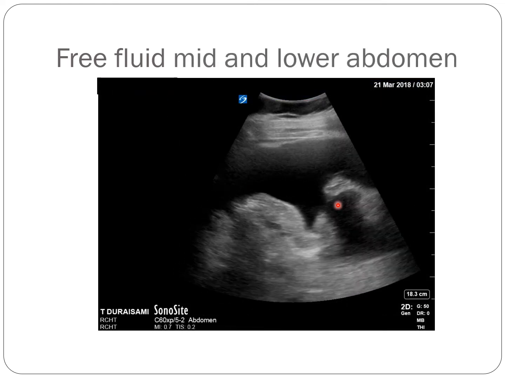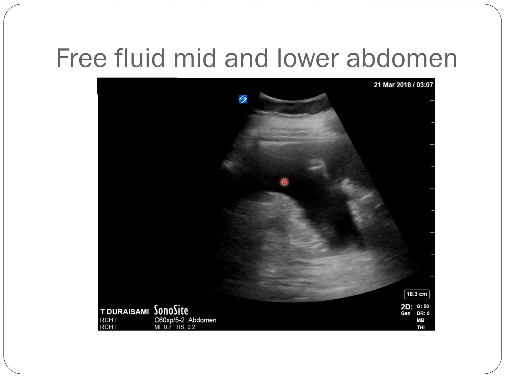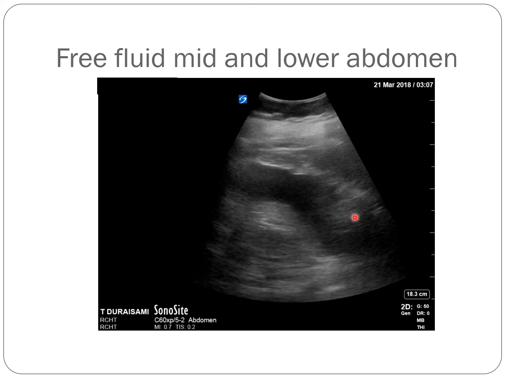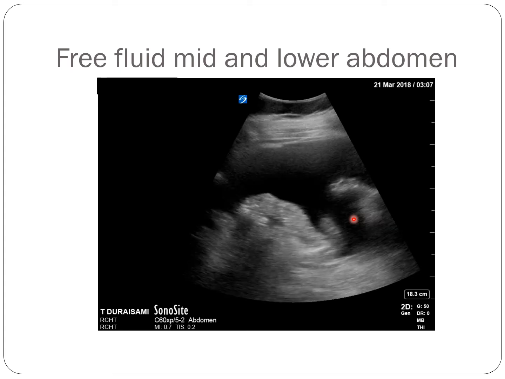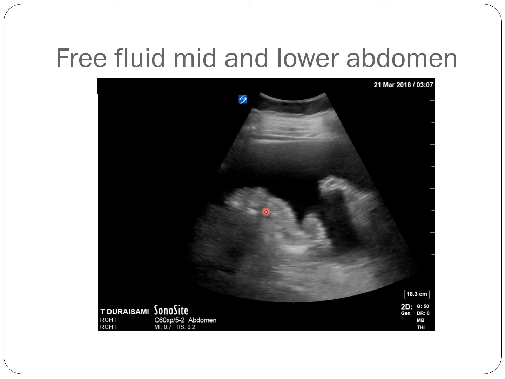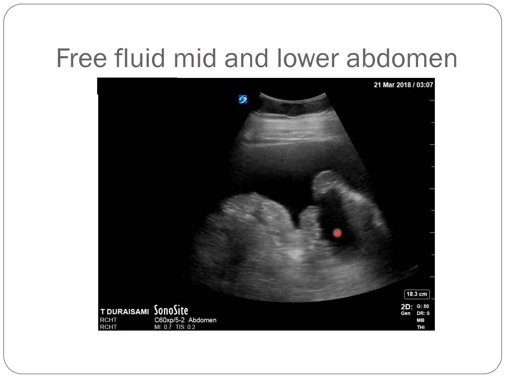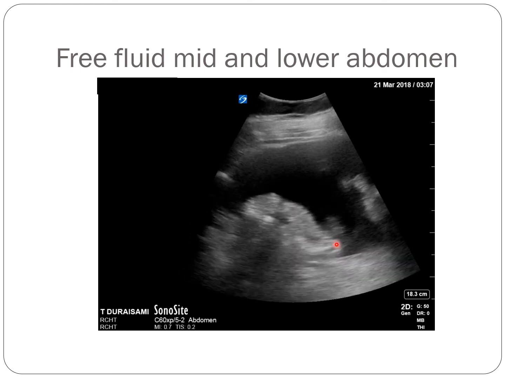And again, more on this picture, so you can see a large amount of free fluid. I'm pretty sure this patient had ascites, and you can see the floating bowel loops. It very much looks like a cloud in the sky.